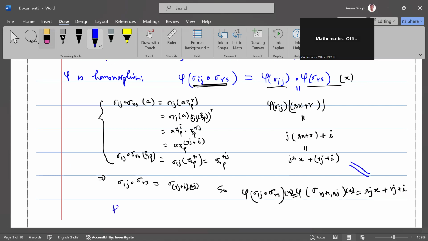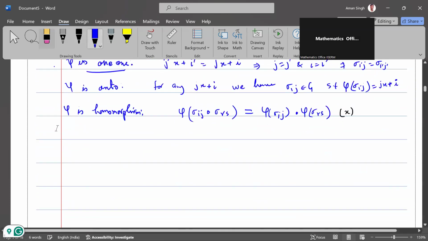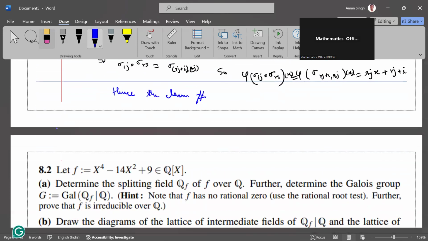So hence we have found that phi is a homomorphism. So phi is a homomorphism, one-to-one and onto. So this is a group isomorphism. G is isomorphic to A1(F_p).